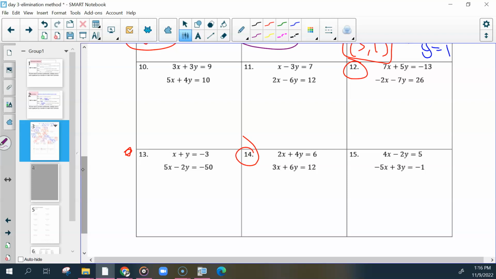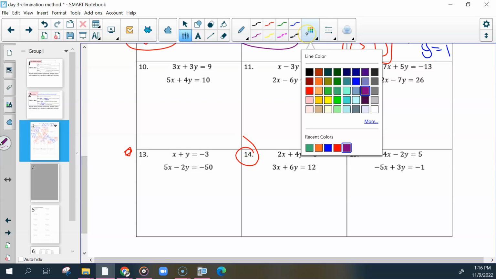So if we wanted to eliminate our x's, we need to think about some number that they both could multiply to. What number could they both multiply to? 14. Sometimes the easiest way to figure that out is just to multiply them together. Sometimes that's a larger number than what it could be, but it doesn't matter.